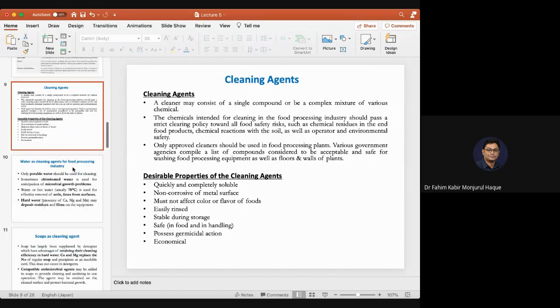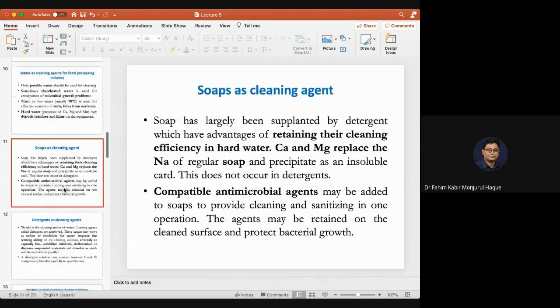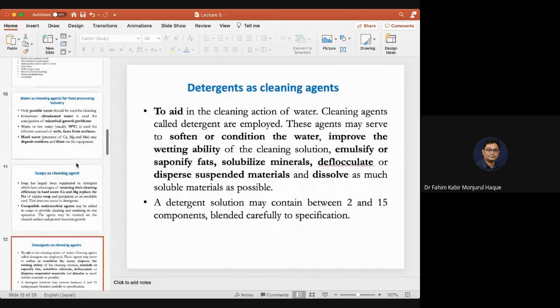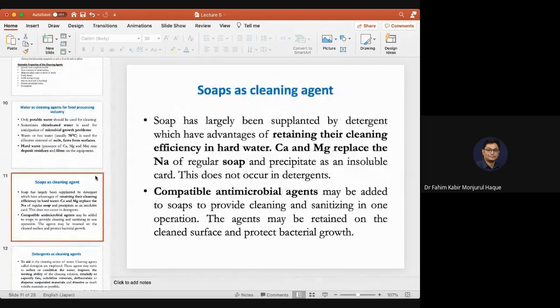Then cleaning agents basically can be of three types. We can classify them into three types: water, soap, and detergent. Among these three, soap is not a good choice.